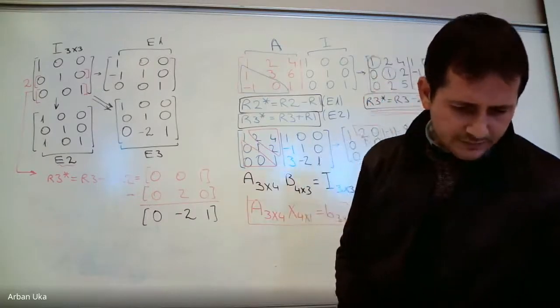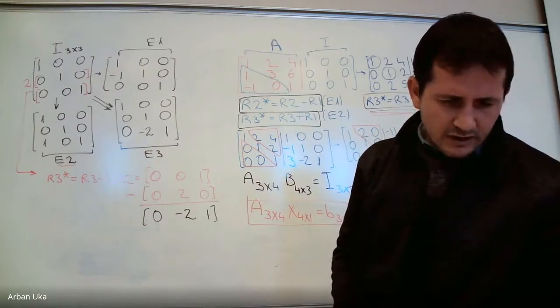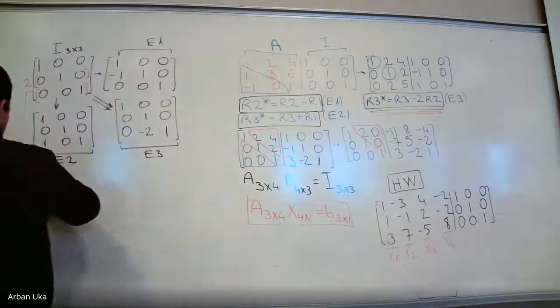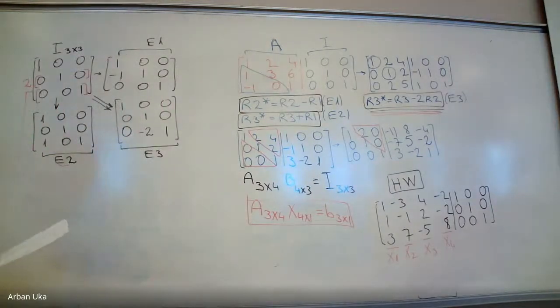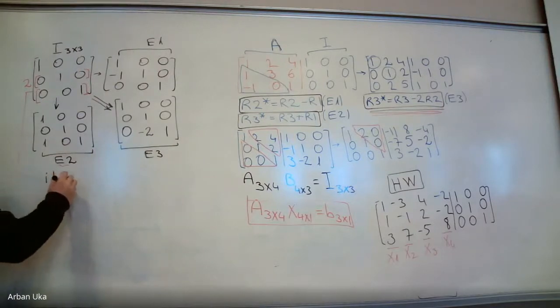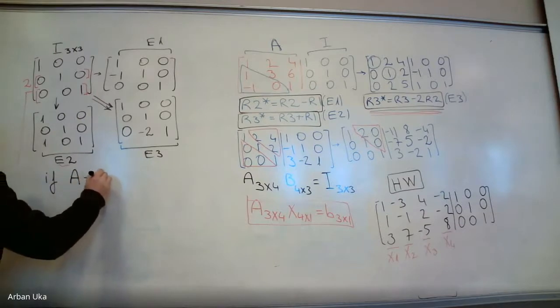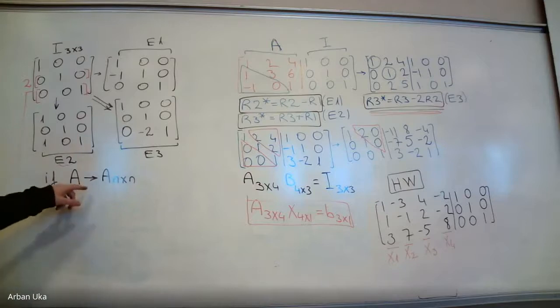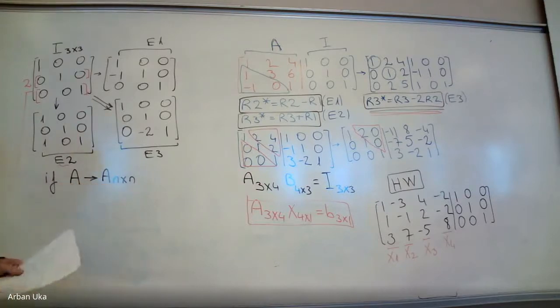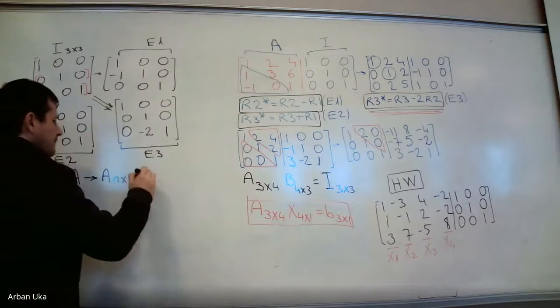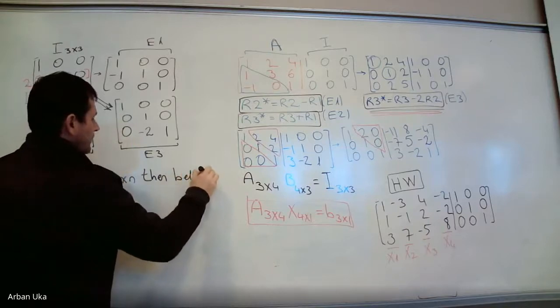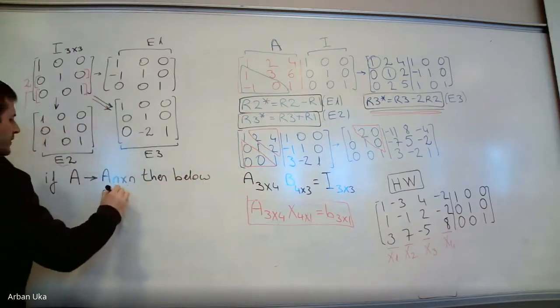So we talked about the elementary matrices and row equivalents, and now we're going to talk about the following. If any matrix A is a square matrix, we say if A is n by n, then the statements below are equivalent.